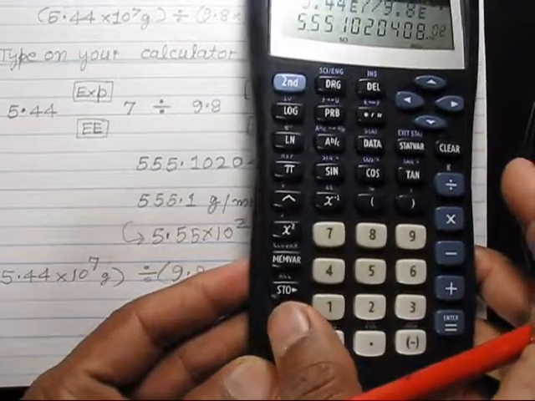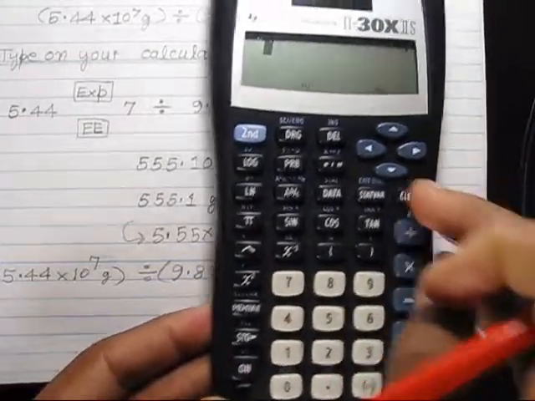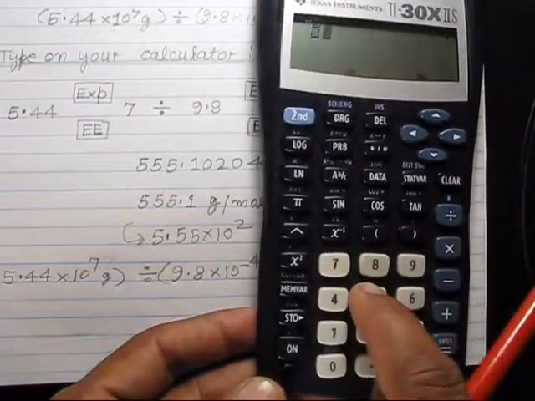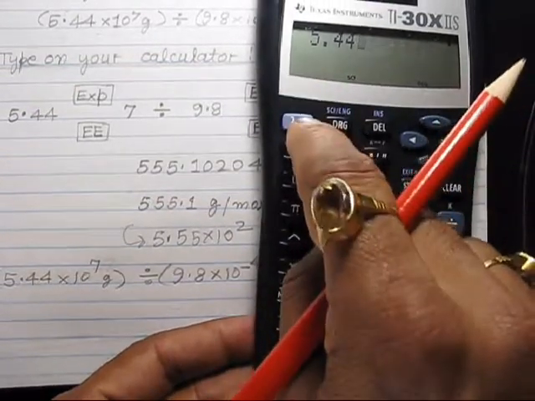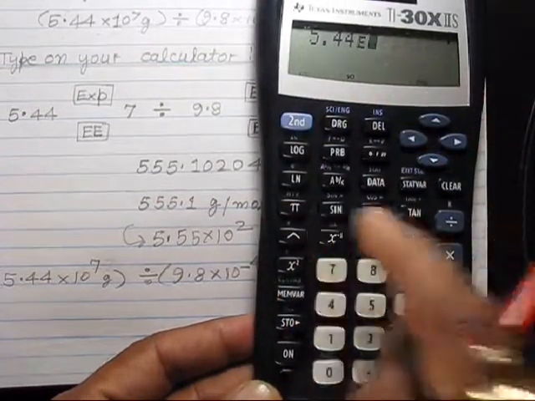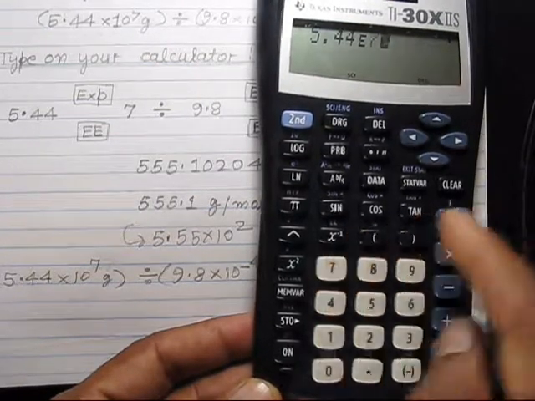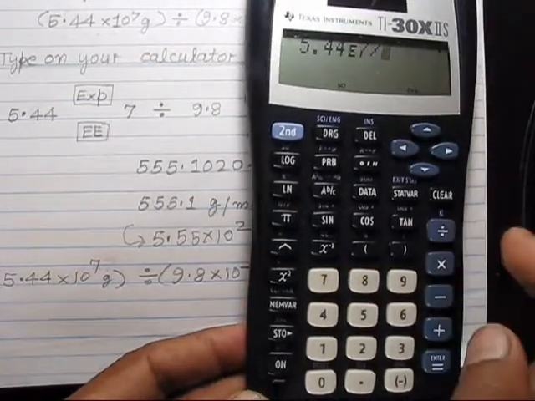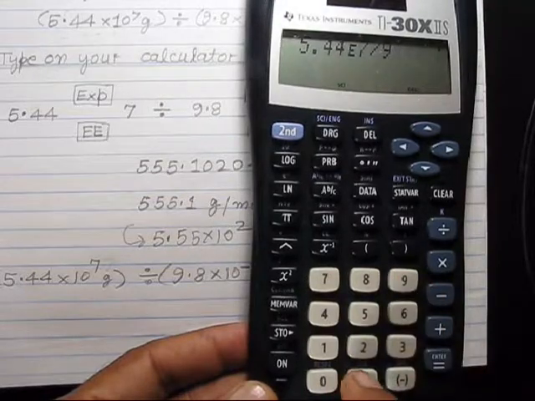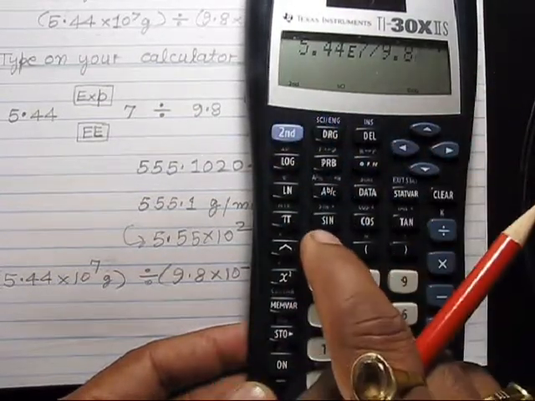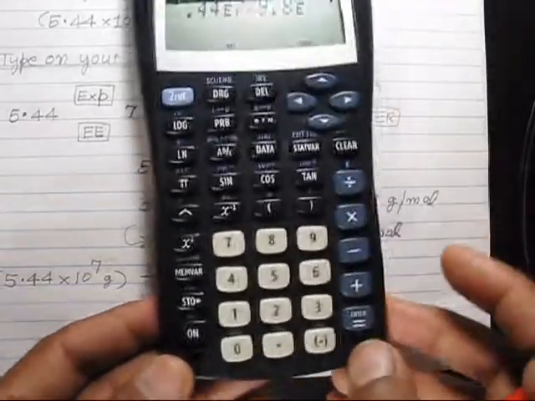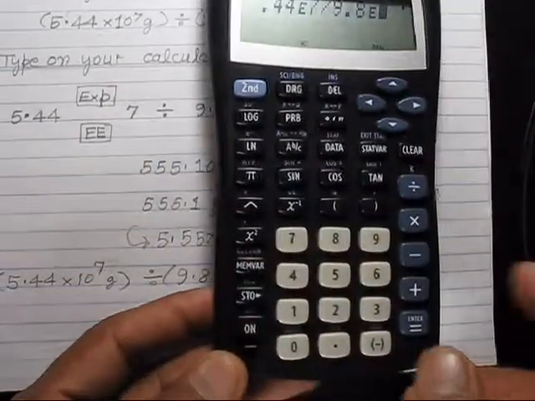And one more example, if you have minus 4, then how will you solve this question? So let me clear this and then type once again 5.44, second EE 7 divided by 9.8 second EE, and then minus 4, 10 to the power minus 4.